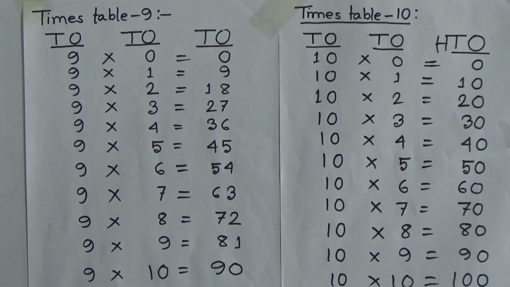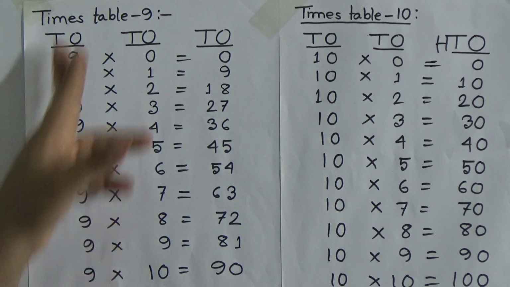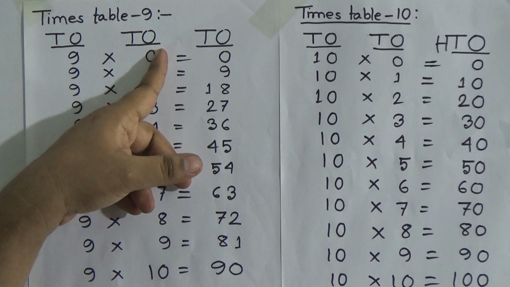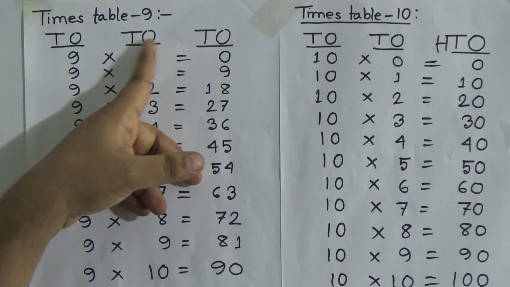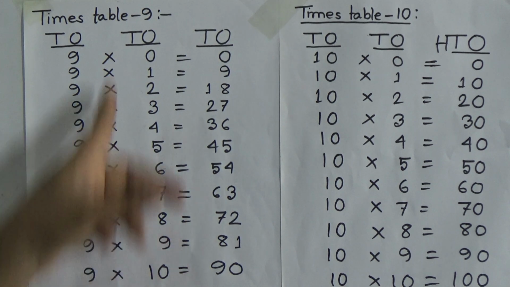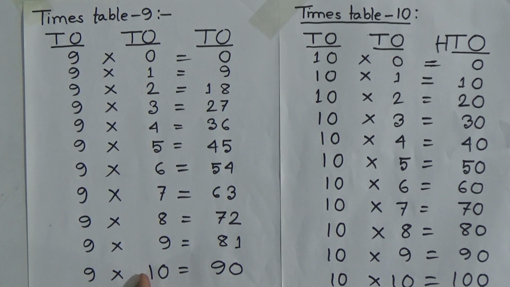Here you notice 9. 9 is a single digit number, that is, it is in ones place. Multiplication sign, that means tens, ones place and tens place. Here 0 to 9 is in ones place, so we write this one in ones place. Now 10, 0 is in ones place, so 0 is written in ones place, and 1 is in tens place, so written in tens place.